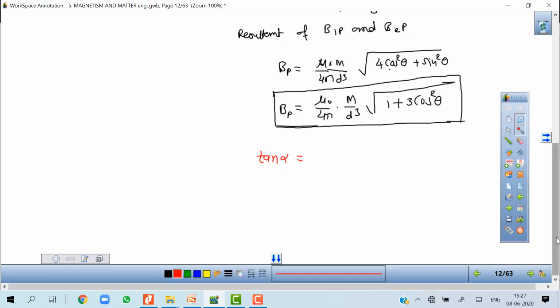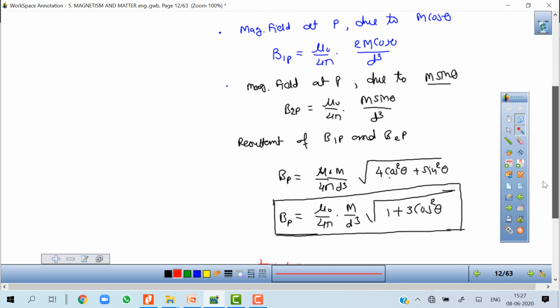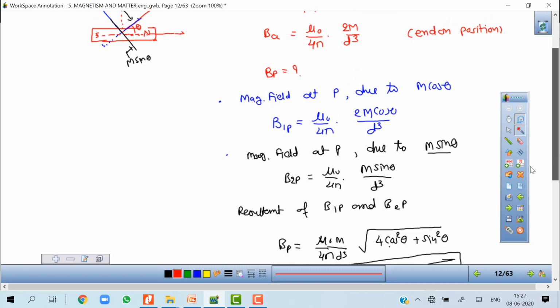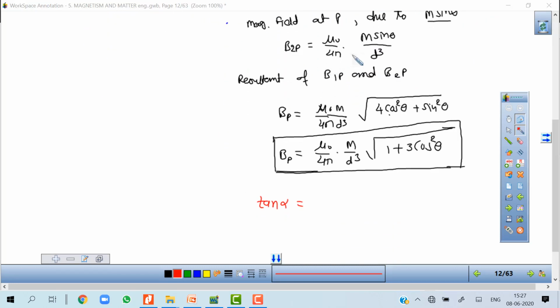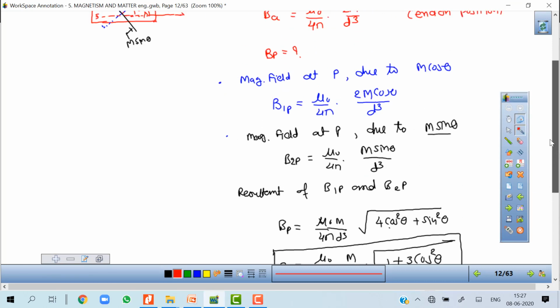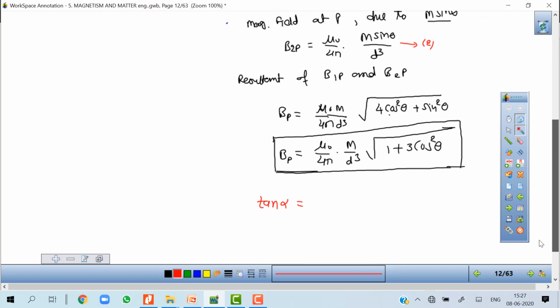You can write tan alpha is equal to the opposite side B2P upon B1P. So this upon that. 2 upon 1. So all this cancels, you will get half. So tan alpha is equal to half.